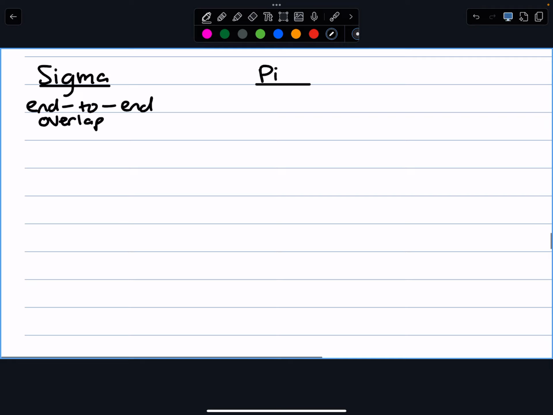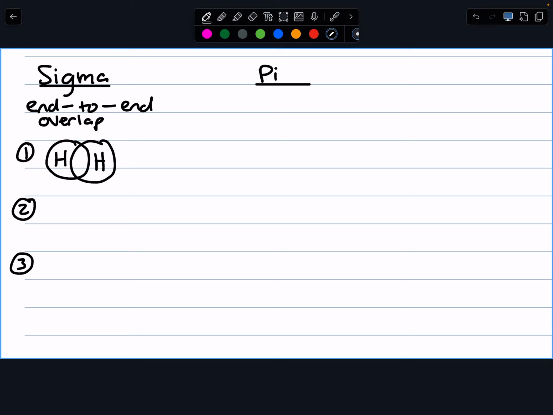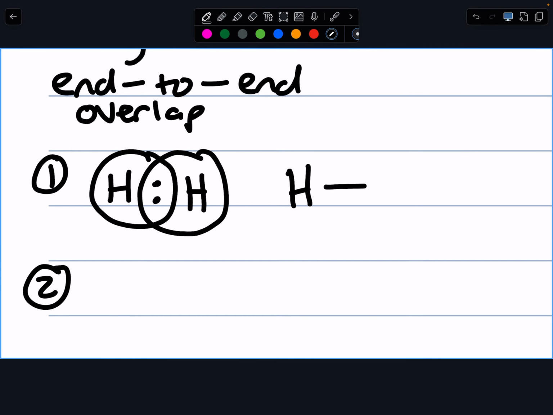Okay, so there are 3 ways that sigma bonds can happen. Let's do an example, the one we just did, hydrogen. Hydrogen had 2 S's, right, guys? One hydrogen had 1 S, one had another. Do you see how it's overlapping here?